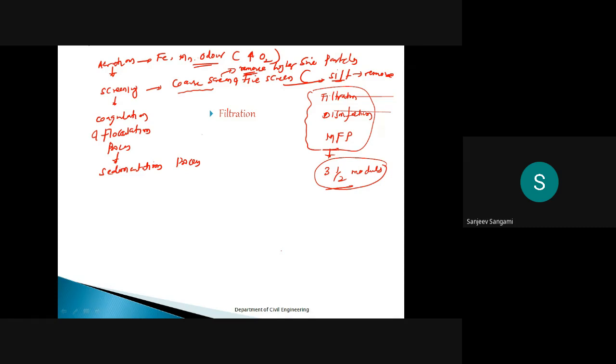Then in the coagulation process, we remove the colloidal solids.